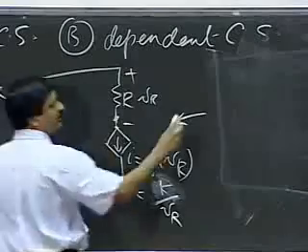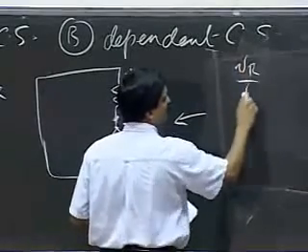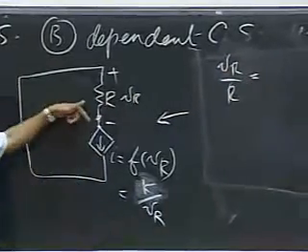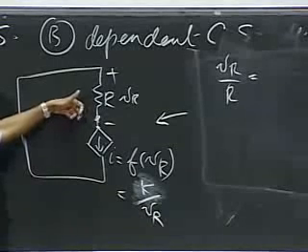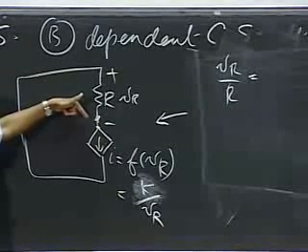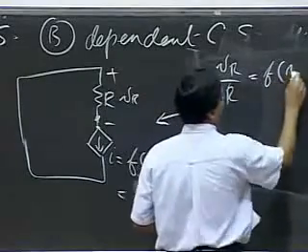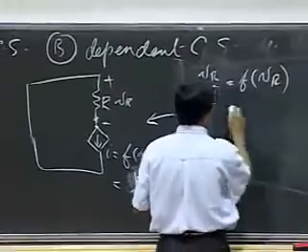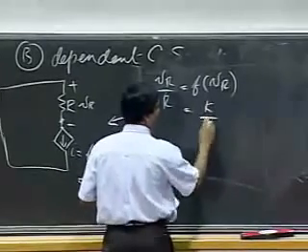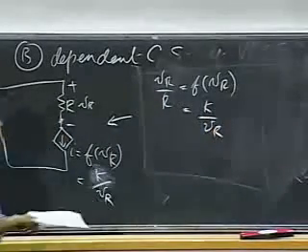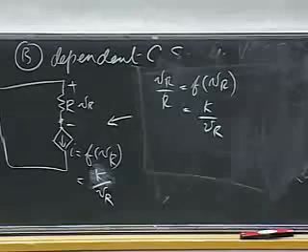The current going down is simply VR divided by R, and that is equal to the current that is going out of the node, and so that is equal to F of VR. And I know that F of VR is given by K divided by VR. Okay, a simple application of the node method.